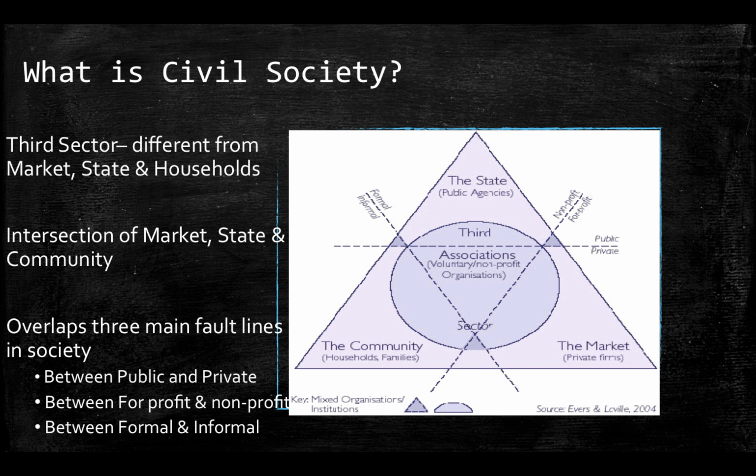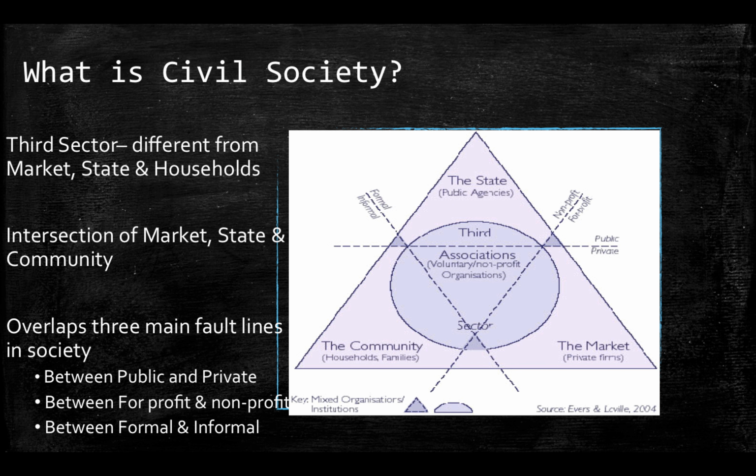So, what is civil society? Civil society is being considered the third sector. In some ways, that is different from market, that is different from the government, and it's different from households or individual families. And so it occupies a kind of third space which overlaps between major fault lines, for want of a better word, major divisions that exist in society, between public and private, between profit and non-profit, and between formal and informal.